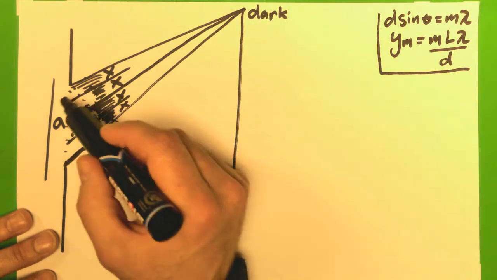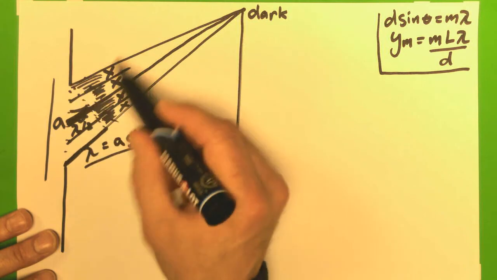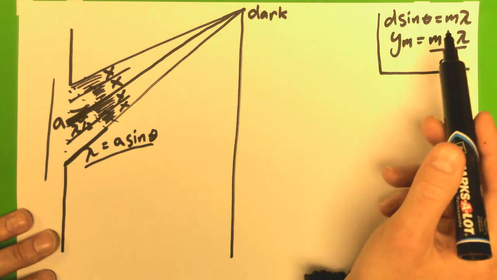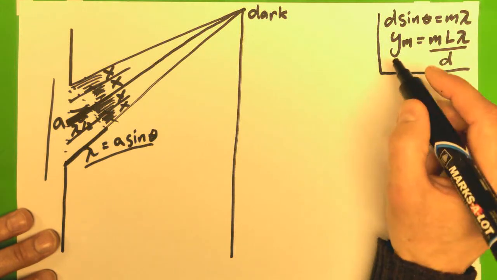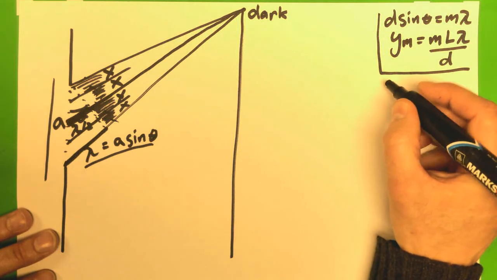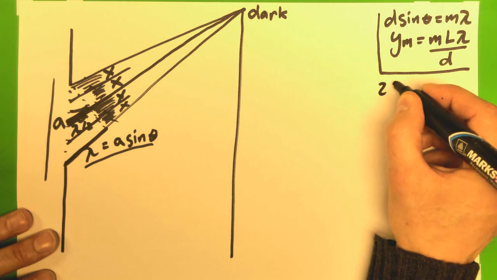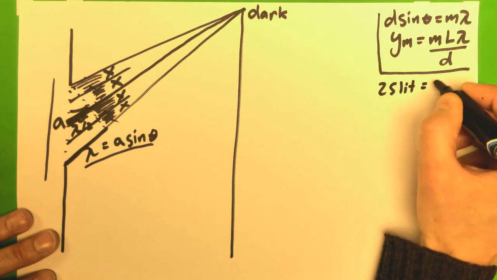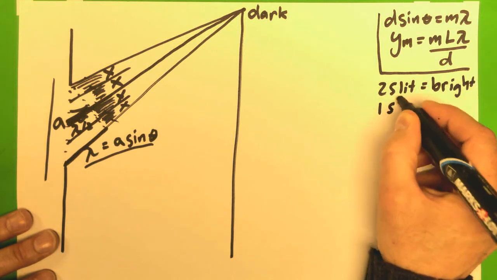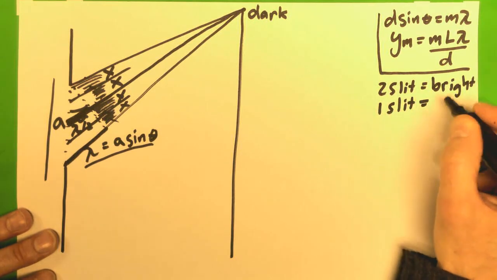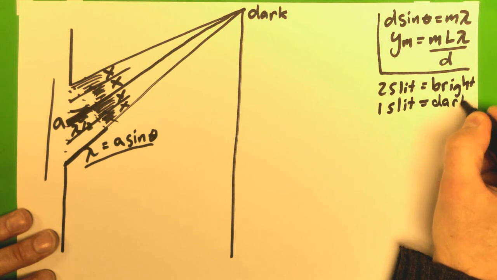And with double slit, I don't have those extra photons, so the outer ones are in phase, and so this is constructive. So just remember, you can use the same thing here: for double slit, that's for bright spots, or constructive, and for single slit, the same relationship holds for dark spots.